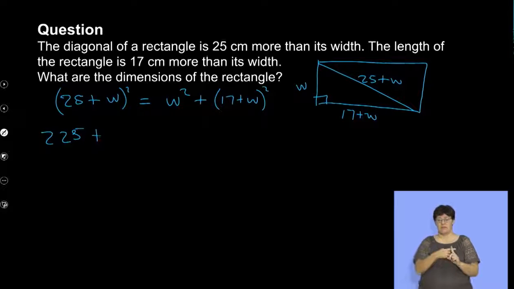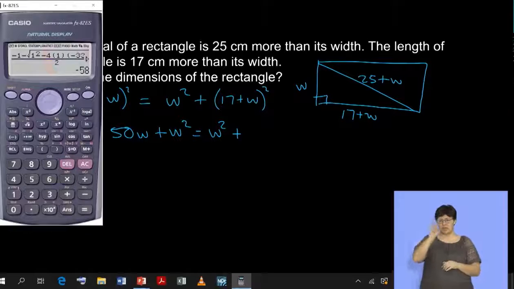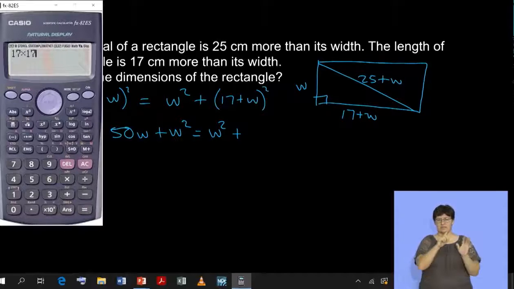225 plus 50w plus w squared. I'm just foiling out, guys. I'm not really doing anything that you are not familiar with. Then plus, so my 17 squared quickly, 17 times 17 will be 289. So I think my 25 squared is actually 625, yes.